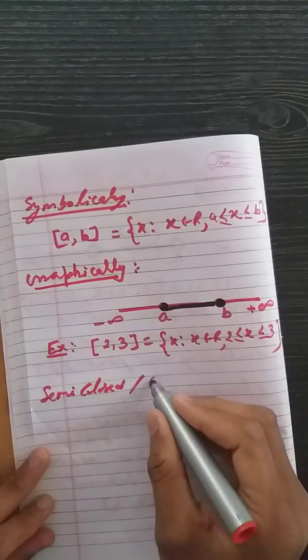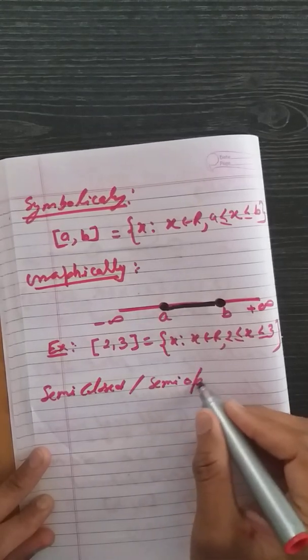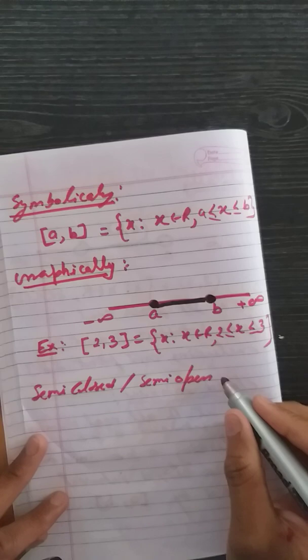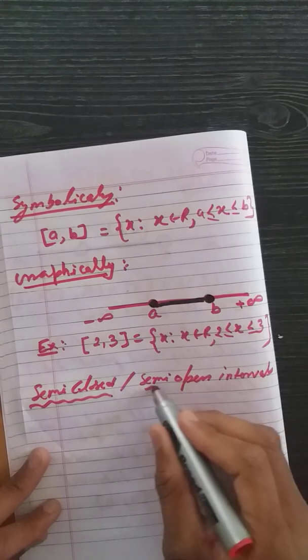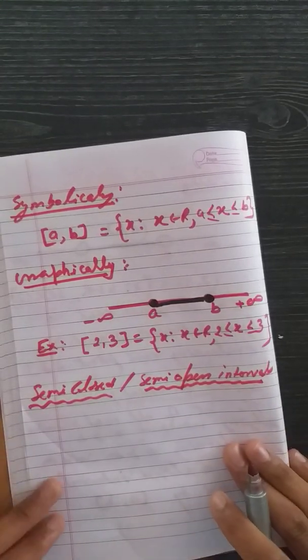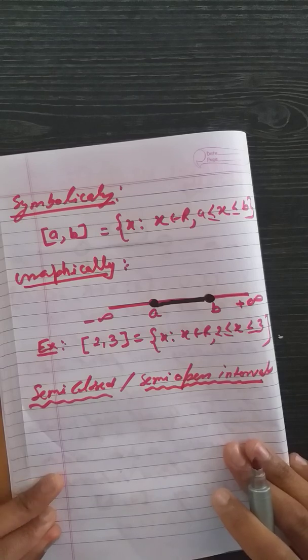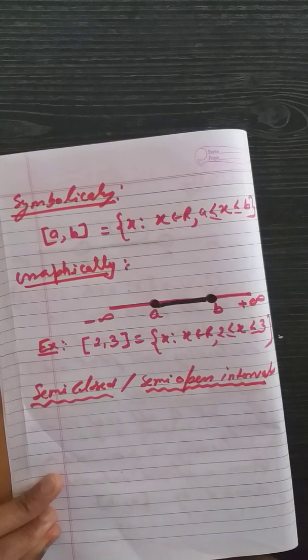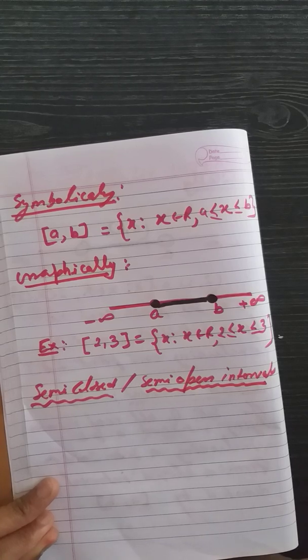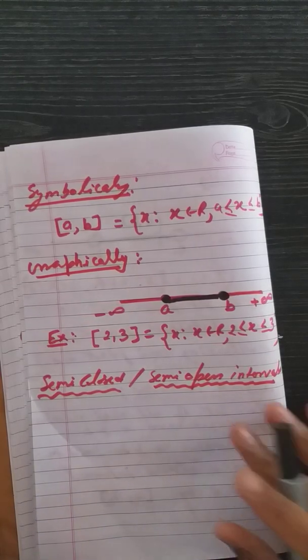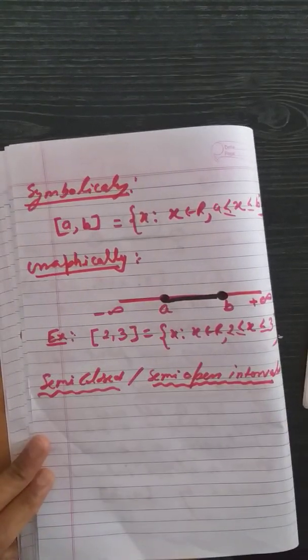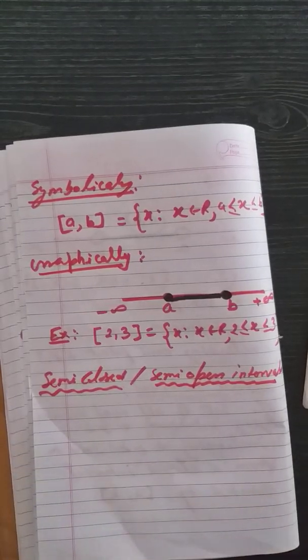If the number A is included but B is excluded, we say that the interval is closed on the left and open on the right, and it is denoted by the sign of half closed and half open. Let us see, I'm writing a definition.